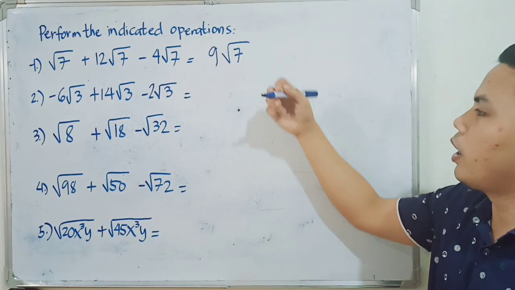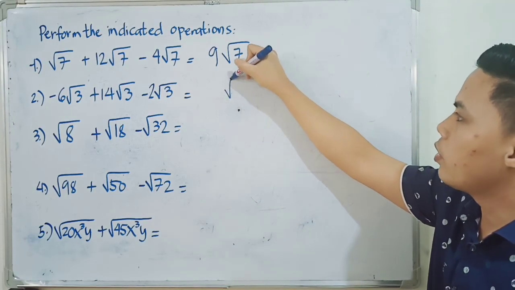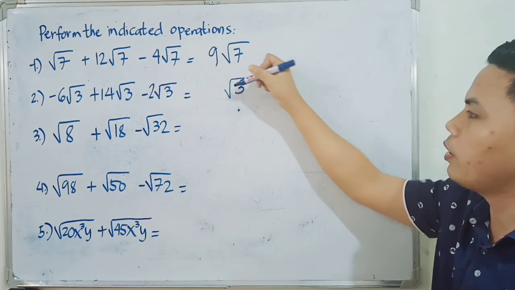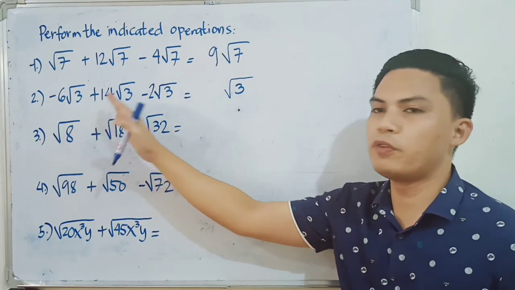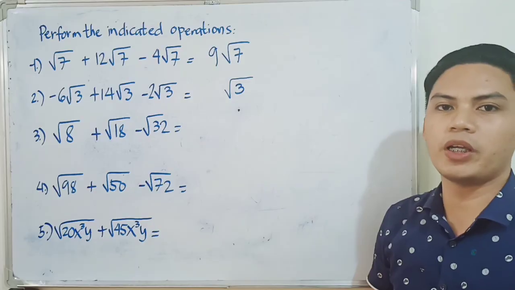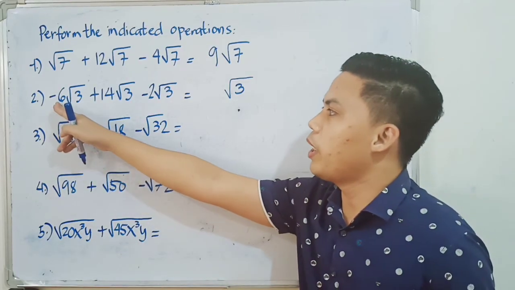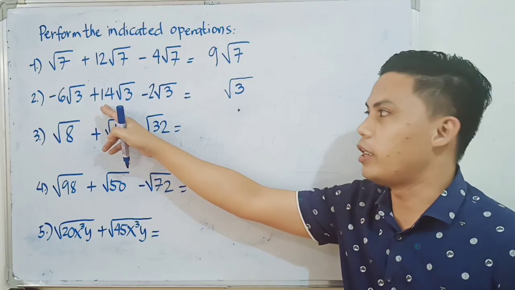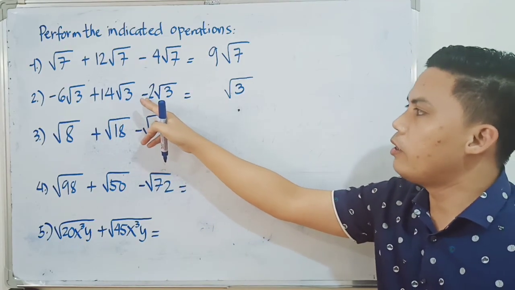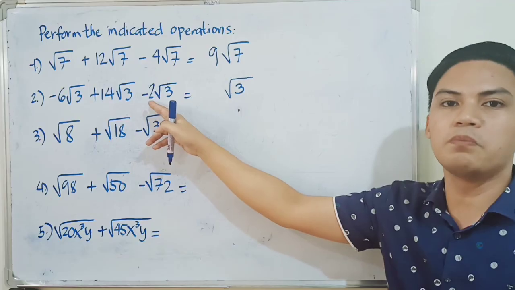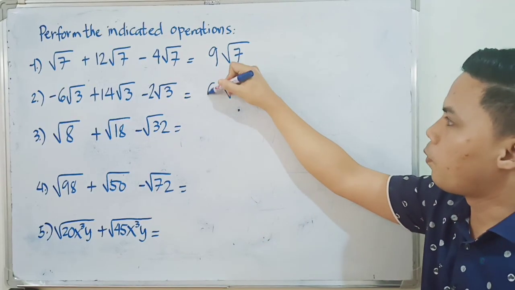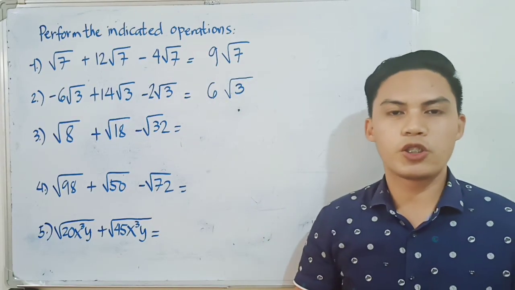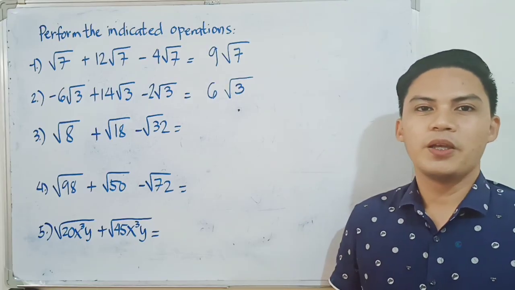We can first write the similar radical part. Then, we perform the operation on our numerical coefficients. So we have negative 6 plus 14, that would be equal to positive 8. Positive 8 minus 2, that would be equal to positive 6. Therefore, our answer is 6 square root of 3.